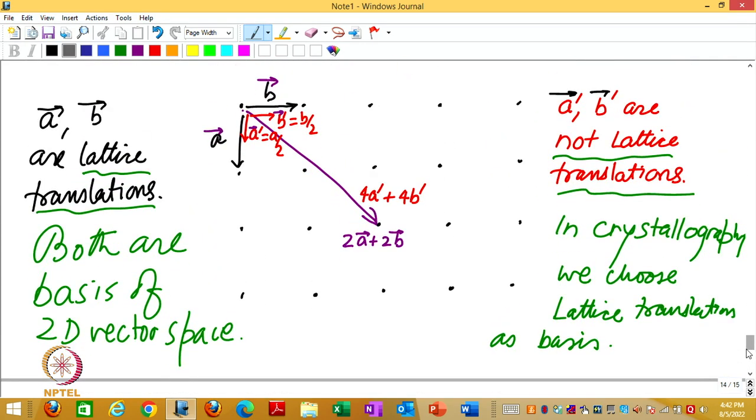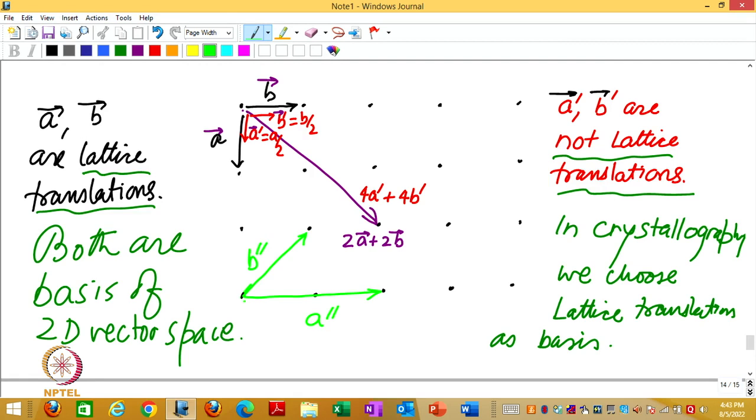The reverse problem which I was telling you, and you answered correctly, is that if I select larger vectors, suppose this A double prime and B double prime.